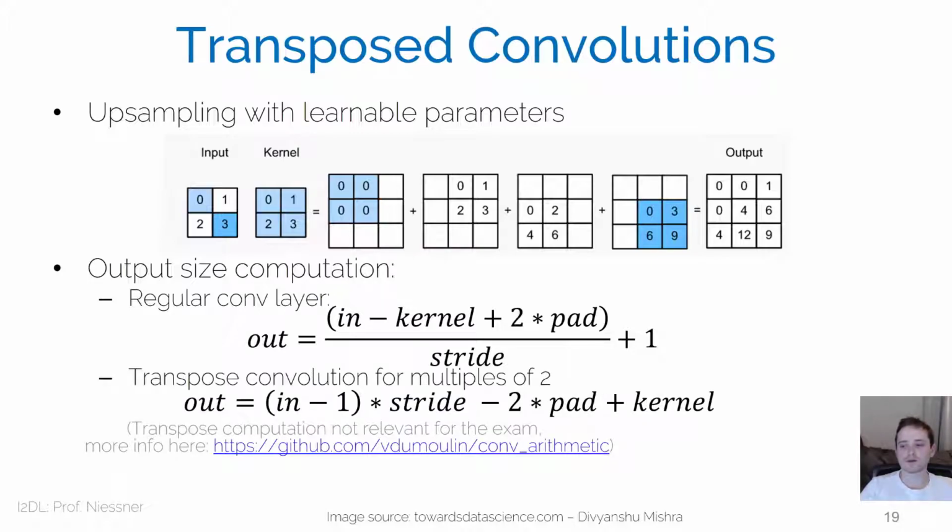So we get this formula here, which could be useful for you to figure out which padding or kernel sizes you need to get the outputs that you want from your input sizes, which of course will change according to what you do in your network and how you downsample the input. And you can see more information about transposed convolutions in the link right here.